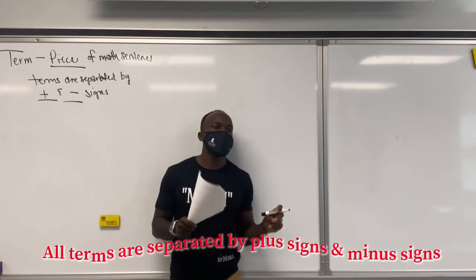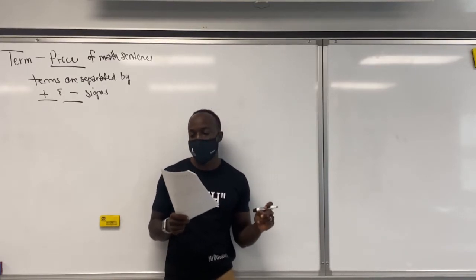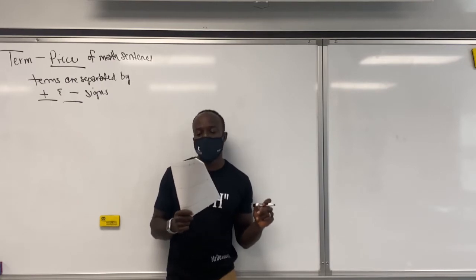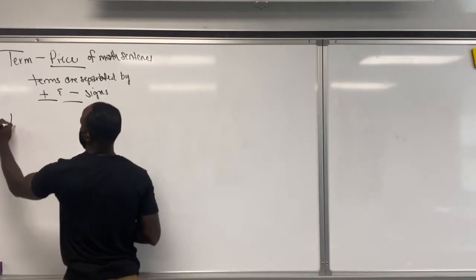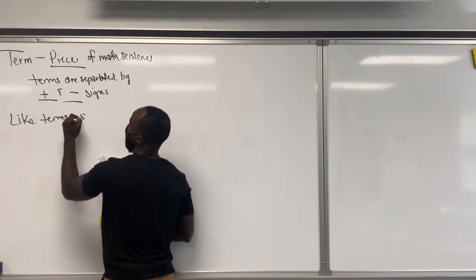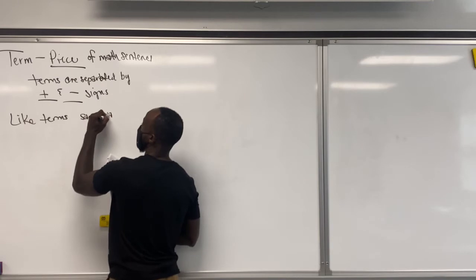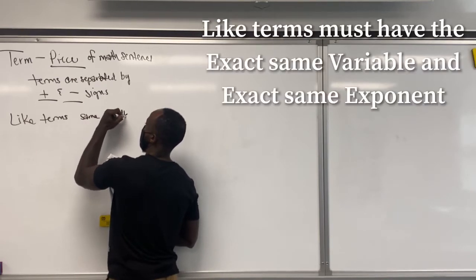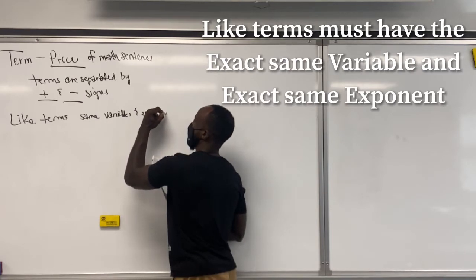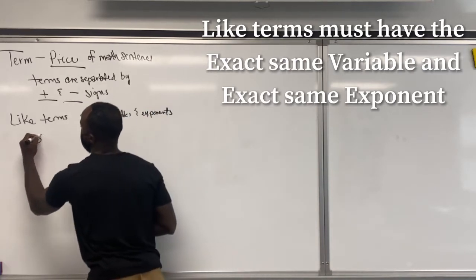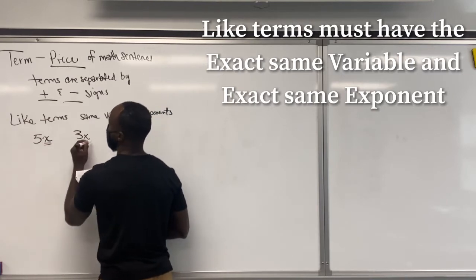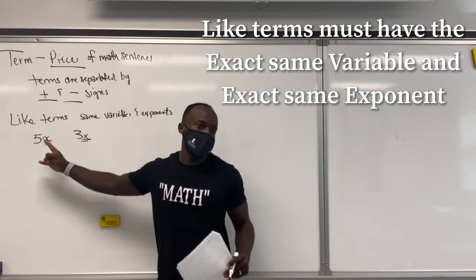Like terms are two or more terms that have the exact same variables and exponents, okay? So what that means is if I got 5x and I got 3x, they have the exact same variables, so those are like terms.